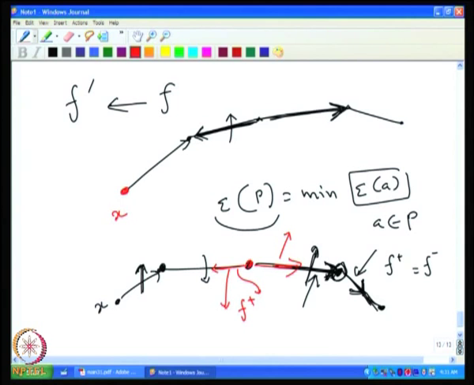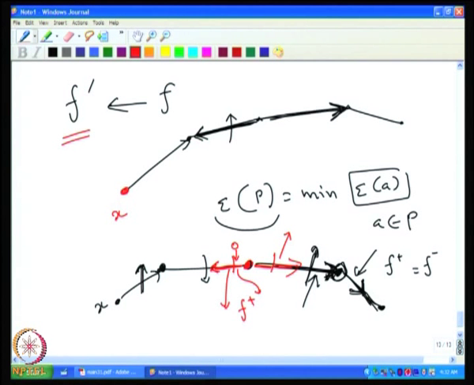So, f plus is unchanged, and f minus has no change at all. We increase this and we decrease it because of the reverse direction, so the flow value was reduced by epsilon. Here also the conservation is not lost, because earlier f was satisfying the constraint. So, if we construct a flow f dash like this, it will still be a flow, and not only that, it has increased value.